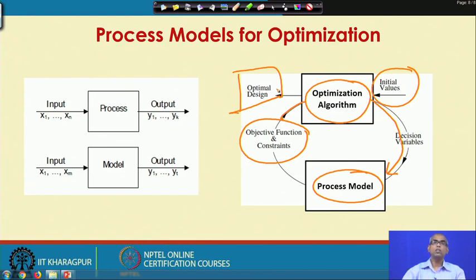Process model will evaluate the objective functions, check the constraints, and it will be done iteratively so that the optimization algorithm converges to a set of decision variables which maximizes or minimizes the objective function, and they also satisfy all the constraints imposed on the problem.